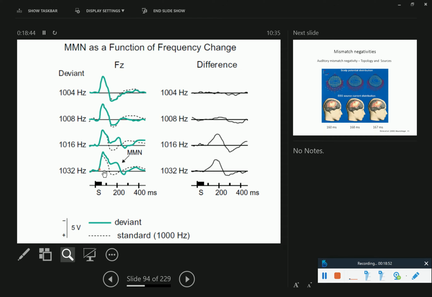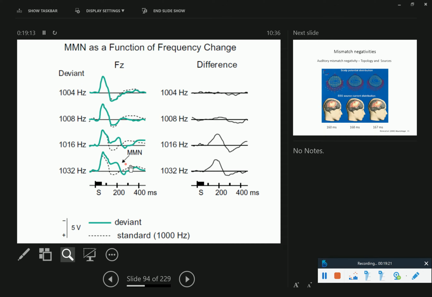There's another level to that. On one hand, you look at different kinds of physical stimuli, for example, the standard 1000 hertz and the deviant 1032 hertz. These are different stimuli, and you observe two different responses. So how can you say that this response is really due to the fact that it is surprising because it's a deviant, rather than just being a different stimulus? Ideally, you would control for that.